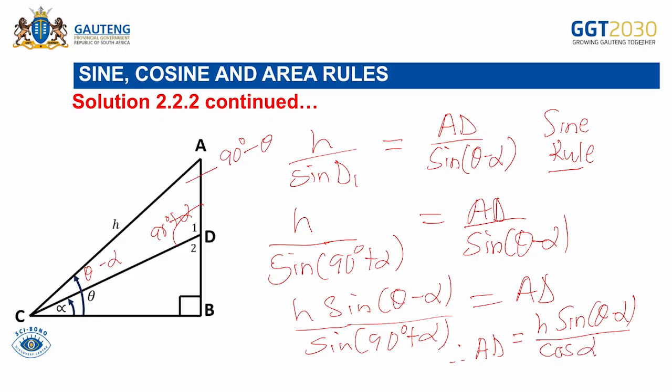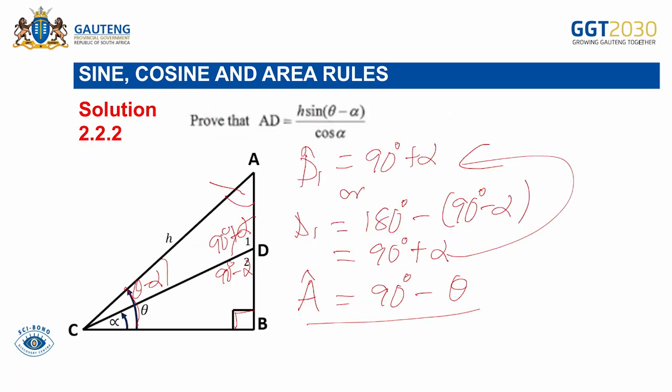Yes, because we are in the second quadrant where sine is positive. Therefore, whatever comes to replace that must come in a positive sense. Therefore, it's cos alpha. We have thus proven that AD is h times sine of theta minus alpha divided by cos alpha.